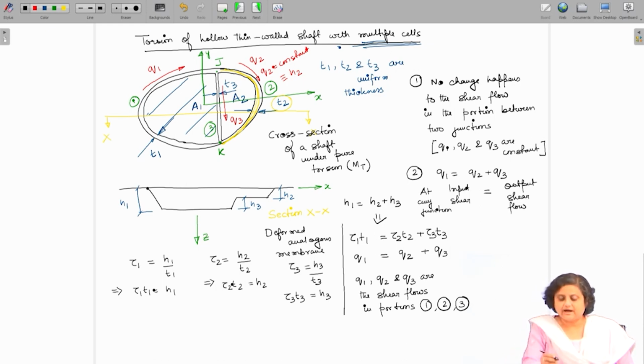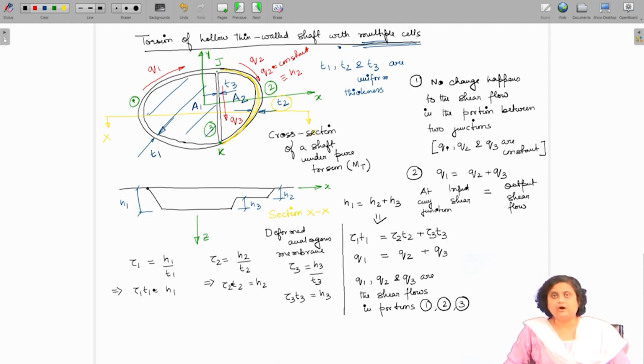Right. So, at junction J, the input shear flow is Q1, which is equal to Q2 plus Q3. Similarly, at junction K, the input flow is Q3 plus Q2, the output is Q1. So, Q1 is always equal to Q2 plus Q3.